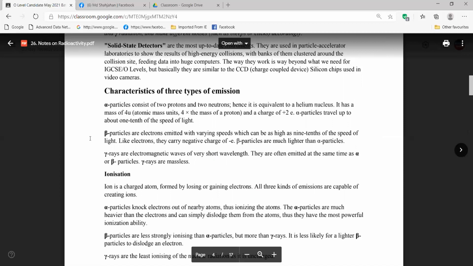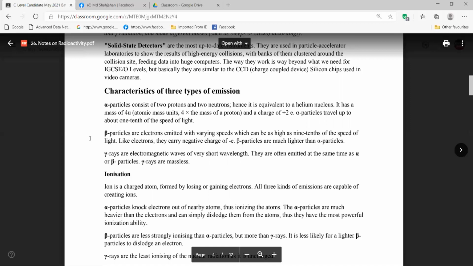So the one which is electromagnetic radiation has the property of light. You can remember the properties of light, right? What are the properties of light? They are transverse waves, with speed 300,000 kilometers per second, and they are part of the electromagnetic spectrum.